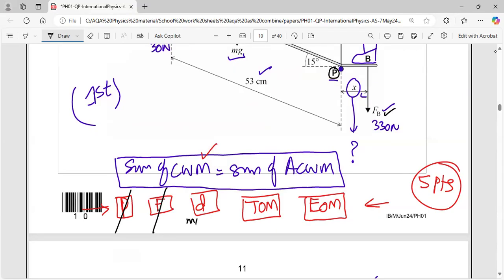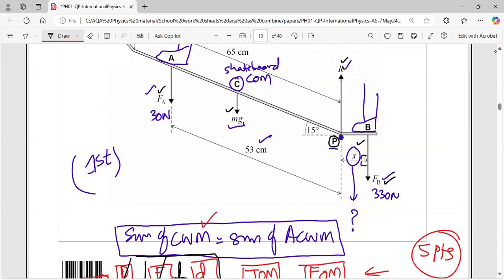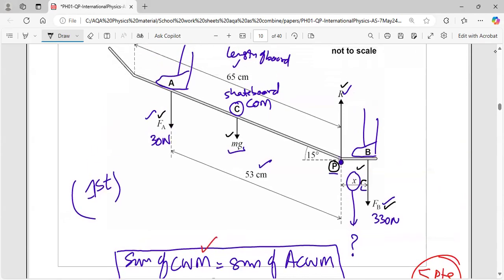This is most challenging in most of the questions, the distance. And you know, this distance should be perpendicular to the force. This is the symbol for perpendicular, 90 degrees. Like the distance should be perpendicular to the force. So for X, we know it is perpendicular, so it is easy. But the thing is, this mg and FA don't have the perpendicular distance.